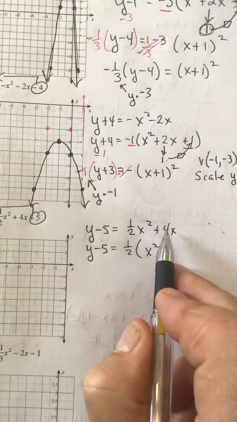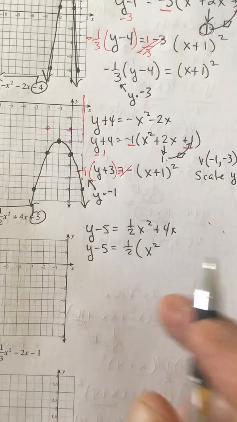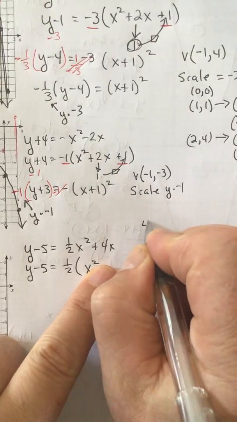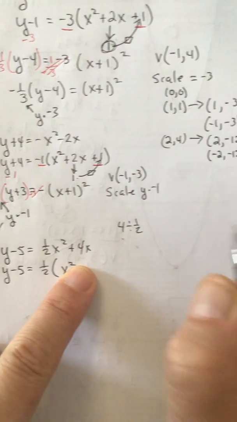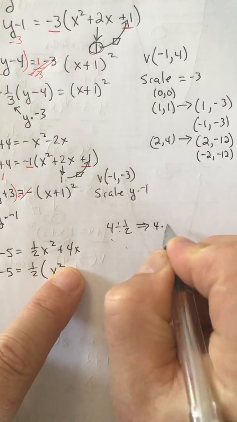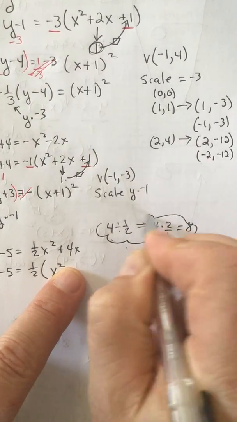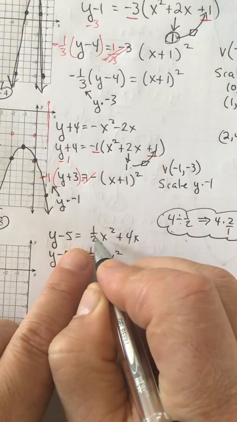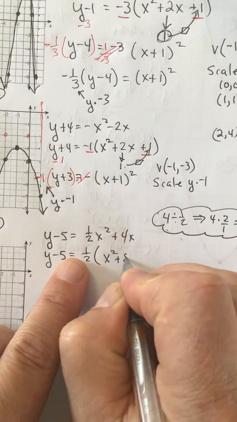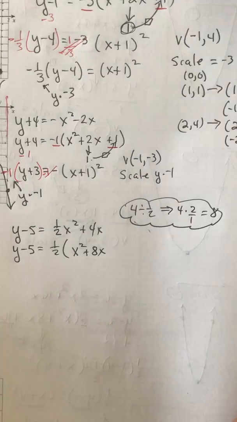I'm taking a 4 and dividing it by 1/2. That is not 2. 4 divided by 1/2 means 4 times 2 over 1, it's 8. So 4 divided by 1/2 leaves 8x.